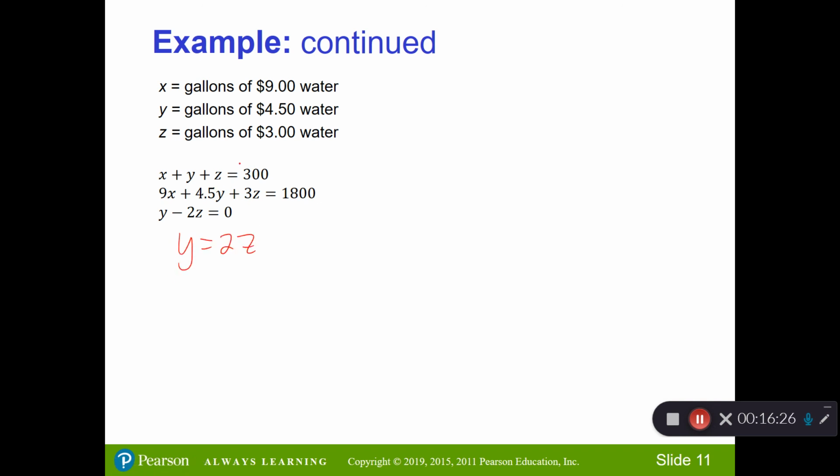I can plug that into the other 2 equations. So I would have x plus 2z plus z equals 300 and 9x plus 4.5 times 2z plus 3z equals 1800.